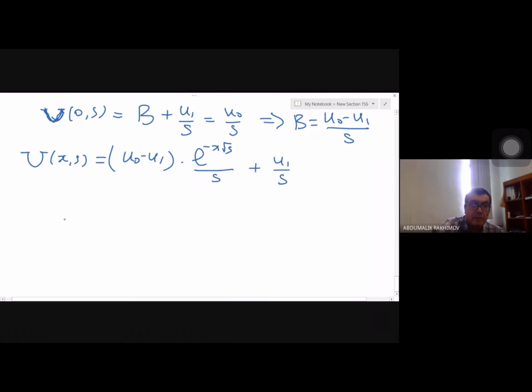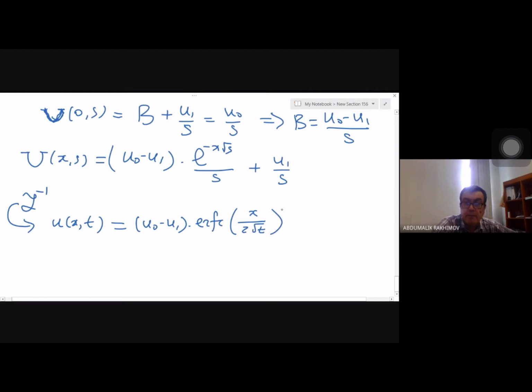If I do the inverse transformation, I can find u of x, t. So u0 minus u1 is a constant. Now what is this? Again, use the same formula, where a is equal to x. This is the complementary error function of x over 2 root of t, right, the first one. The second one is just u1. So this is the solution of problem 11. Any questions?